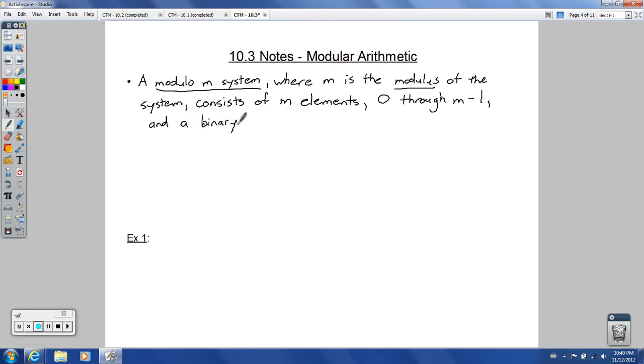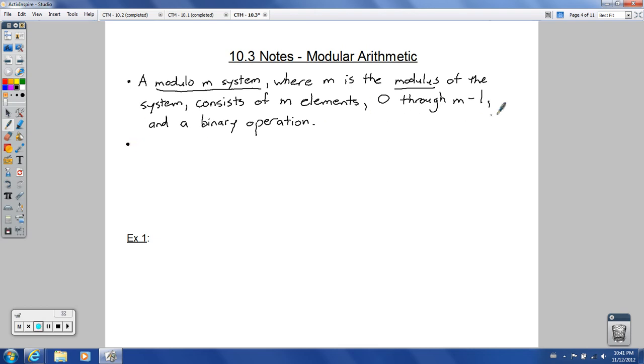Remember, binary operations are just things you do on two elements of the system, and they give you one. They basically spit out a single element. You do the binary operation to the two elements, and it gives you another element within the system.